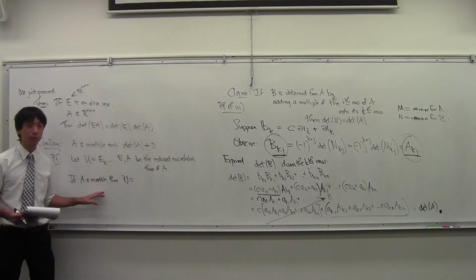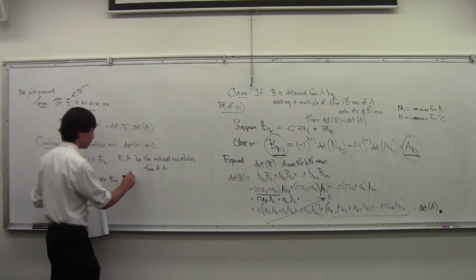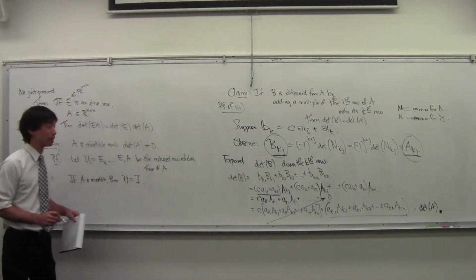If A is invertible, then its reduced row echelon form is going to be... Kaki, how about you? The identity matrix, right? U is the identity matrix, right?